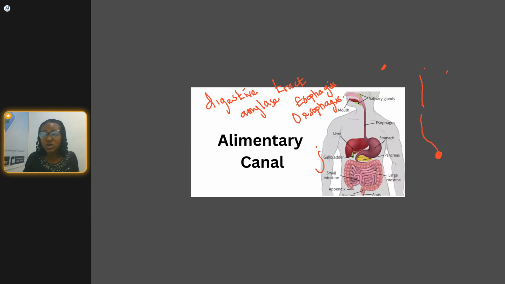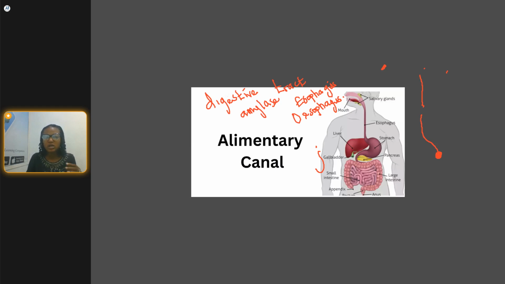When you eat and the food passes through the esophagus, it is stored temporarily in the stomach.